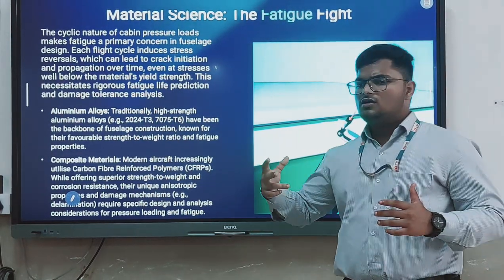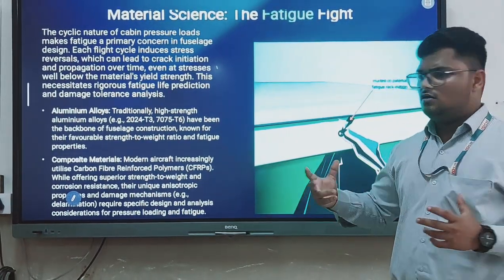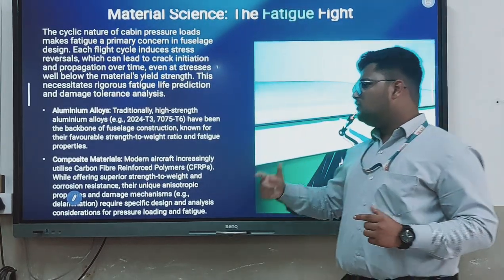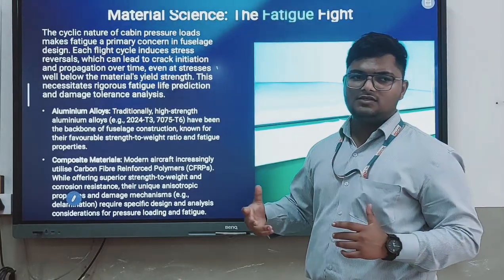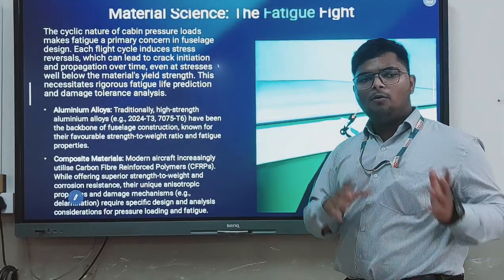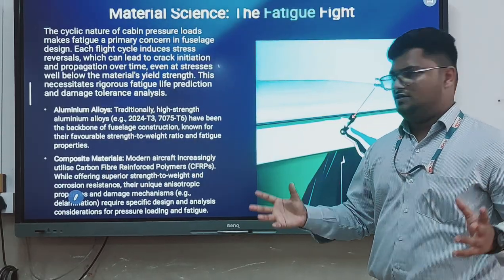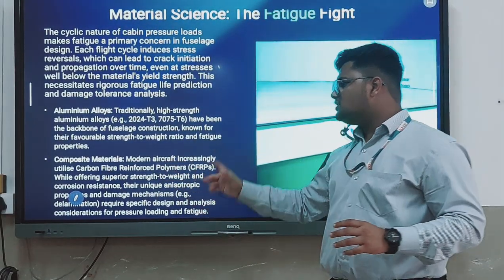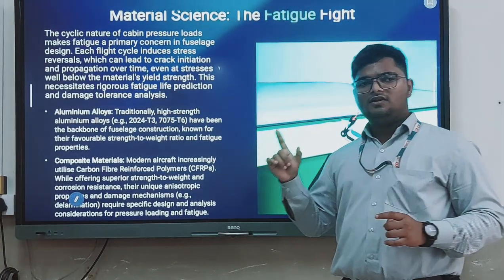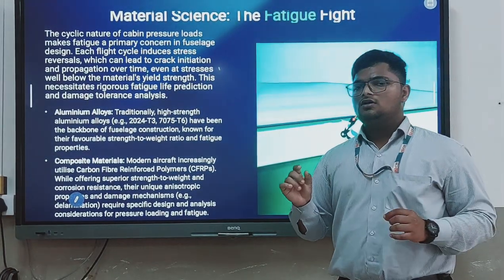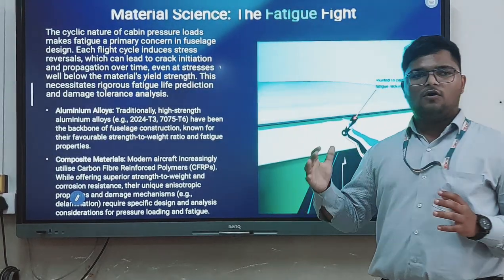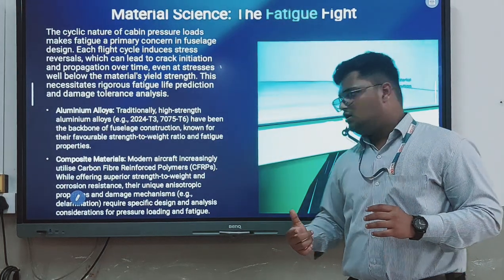As development goes on, as we make technological advancements, we find different methods to make different kinds of materials and composites. So we have composite materials, in which CFRP, the carbon fiber reinforced polymer, is currently the best material which can be used for making the aircraft fuselage.